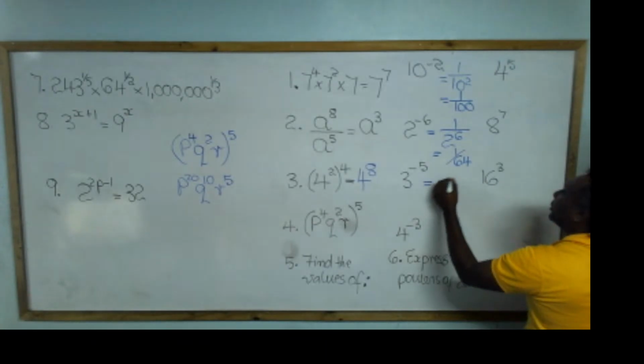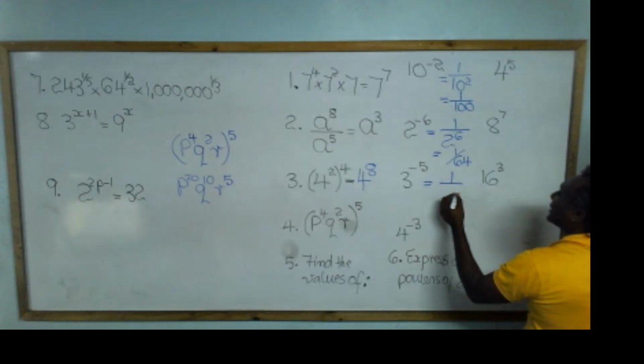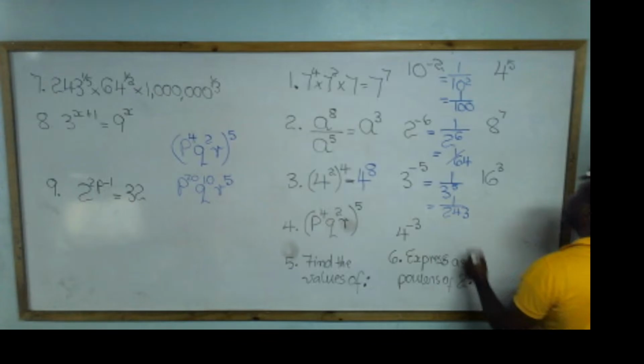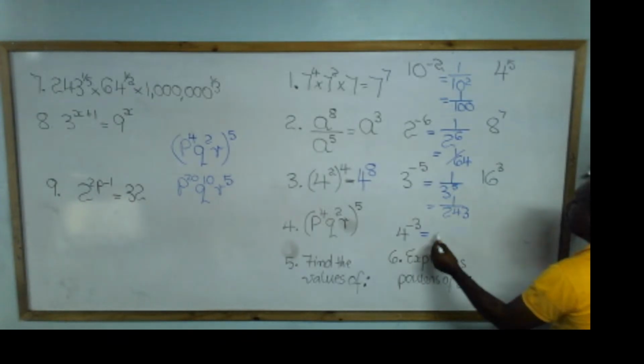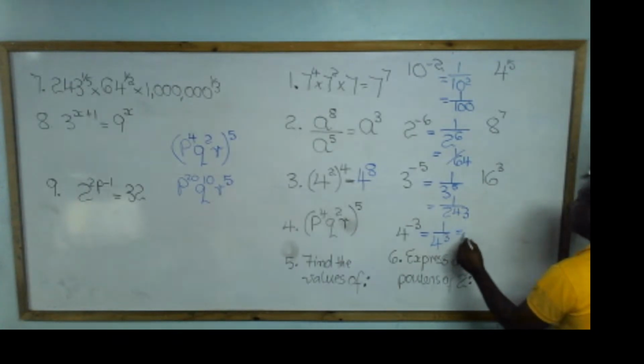Again, we do the reciprocal and change the sign of the index to positive. And finally, you do the reciprocal and change the sign of the index to positive, and that is going to be equal to 1 over 64 again.